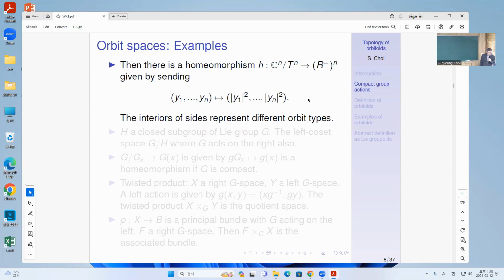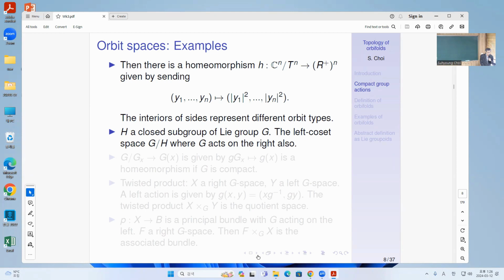If one or two coordinates are zero, then this will have a different type of orbit, and so on. So actually, this is a good example that appears in toric geometry. You can see that in some toric geometry examples.